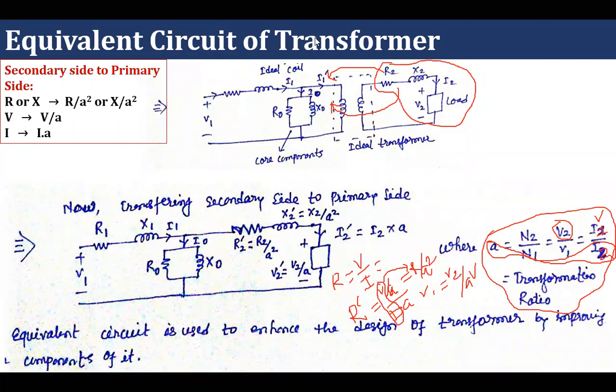So anything, if I want to transfer in the transformer from secondary side to the primary side, if it is R or X, it will be divided by A square.